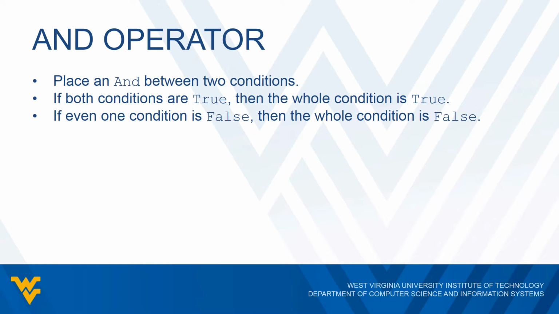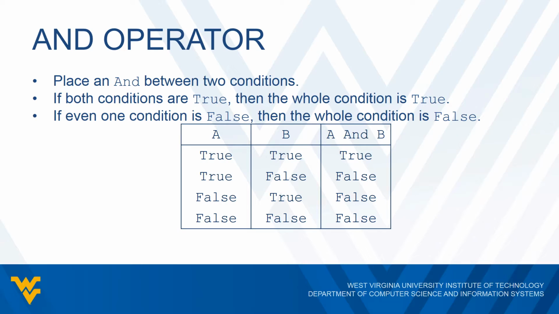So let's take a look at the truth table for the AND operator. So here we're going to have 2 conditions. Let's say we have condition A and then condition B, and then let's see the possible values that we would get if we did A and B. So the first row, we have A and B both being true, so that means they're both true, therefore A and B is true.